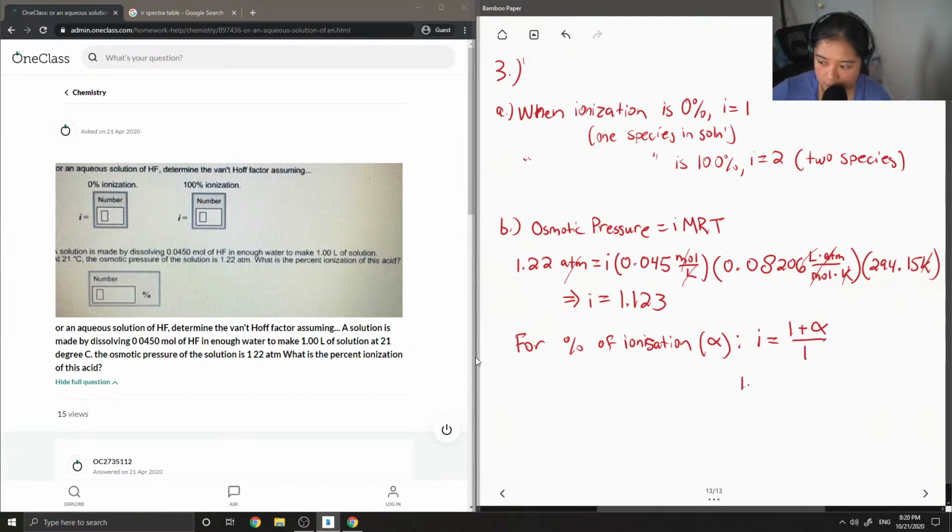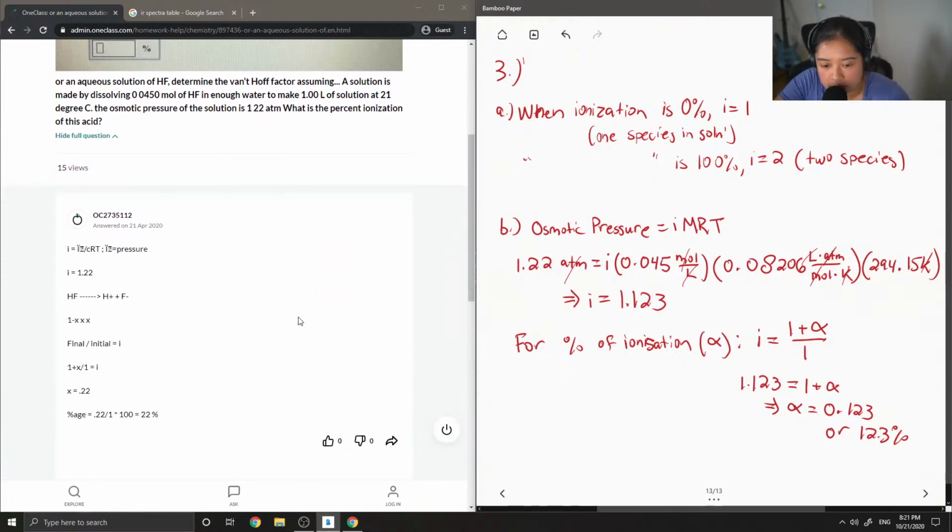So since we know I is 1.123, this is equal to 1 plus alpha. And then we get the percent of ionization equal to 0.123 or 12.3%. Let's check out the answer from our junior tutor.